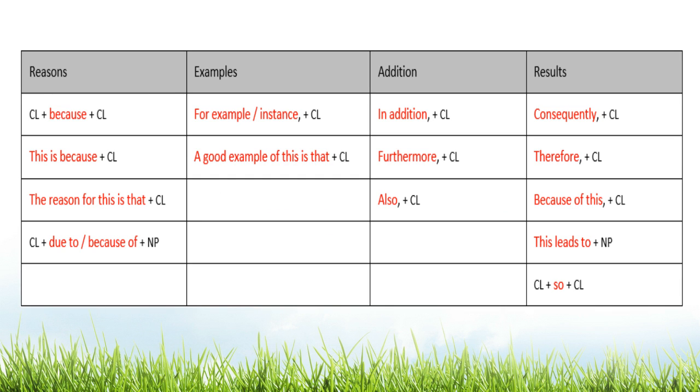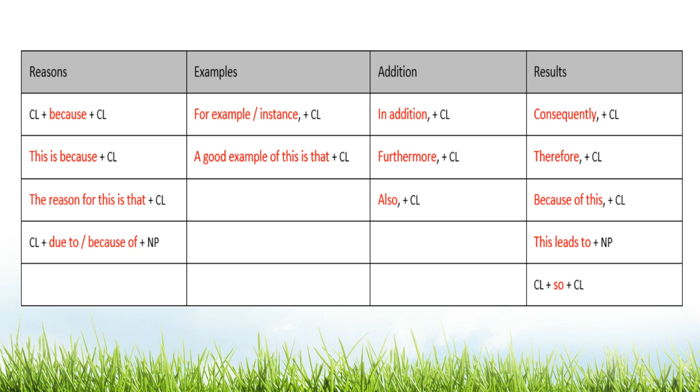For reasons, you have because, this is because, the reason for this is that, and due to or because of. For examples, you have for example, for instance, or a good example of this is that. For addition, you have in addition, furthermore, and also.